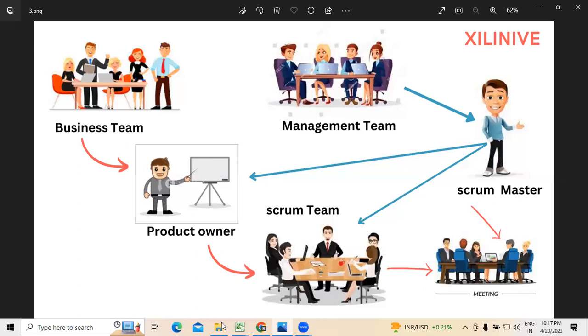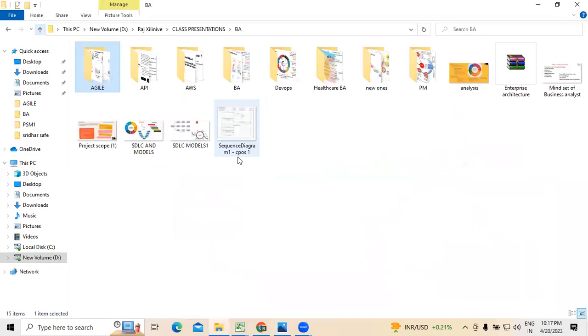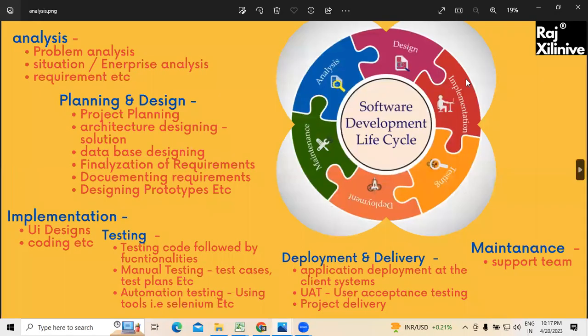Let me show you one minute. For example, this is what generally the SDLC process is, right? So let's say there is a phase of analysis done. Now people are in the stage of planning and design or in implementation. Now, if you want to make any kind of changes, what do they have to do? Again, they have to go to the analysis phase, and again go for planning and design.